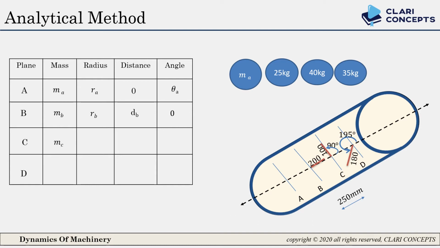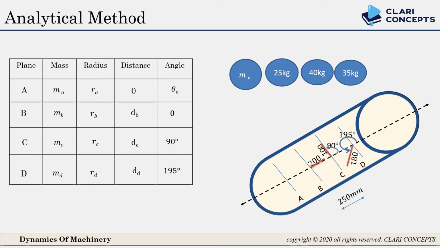Plane C has mass MC, radius RC, distance DC, the distance between plane A and plane C, and the angle is 90 degrees. Plane D has mass MD at radius RD with distance DD, the distance between plane A and plane D, and the angle is 195 degrees.